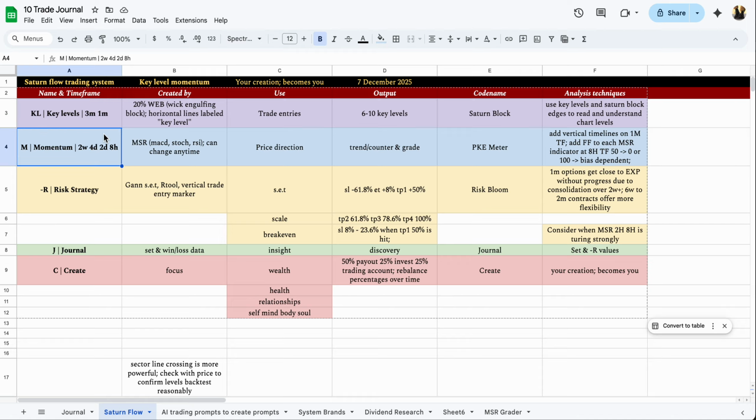Step 2 is using our momentum oscillators to read the story and translate the momentum language, if you will, into the price action. Third is using predefined Fibonacci levels to pick stop loss, entry point, TP1, 2, 3, 4.